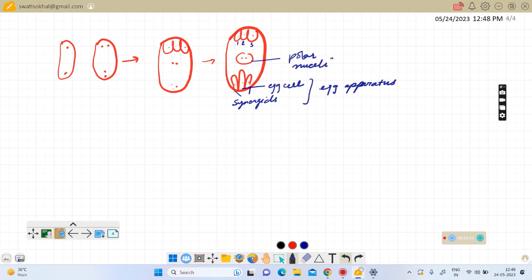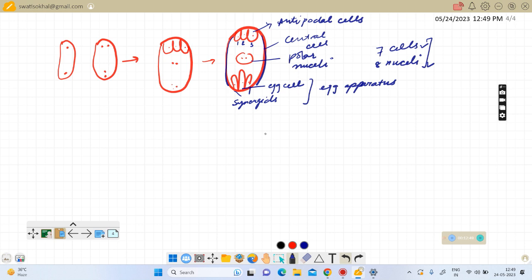The biggest cell which is present is called the central cell, and these three are antipodal cells. Now you will see how many cells we have: one, 2, 3, 4, 5, 6, and 7. We have 7 cells and 8 nuclei in the mature embryo sac.